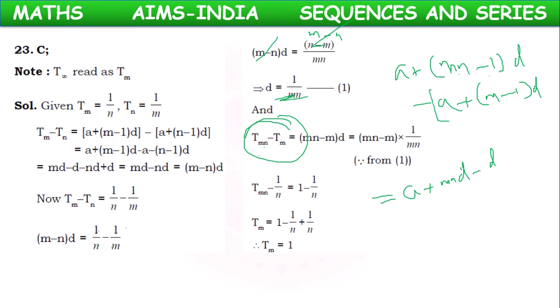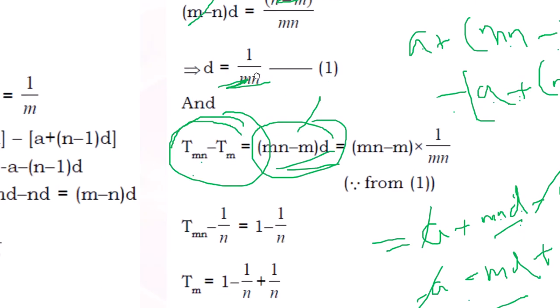Here we have minus, so symbols will change: minus a, minus m into d, minus md, minus into minus plus 1 into d, d. a gets cancelled, d and d get cancelled, mnd minus md. If we take d as common, we will get mn minus m into d. And in the place of d, we can keep this 1 by mn.